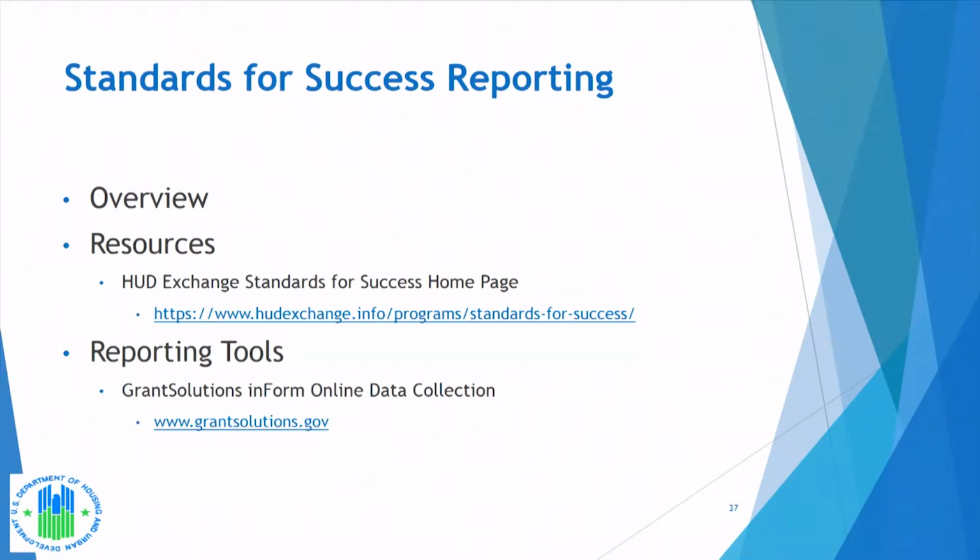Essentially, Standards for Success was born from OMB regulation in 2014. 2 CFR 200 was one of the major regulations that came out, and it was basically articulating and stressing the importance of data collection and reporting from an outcome-focused and service-recipient-focused perspective.